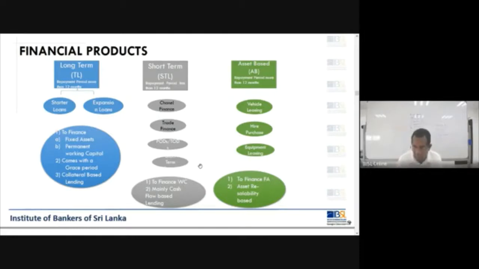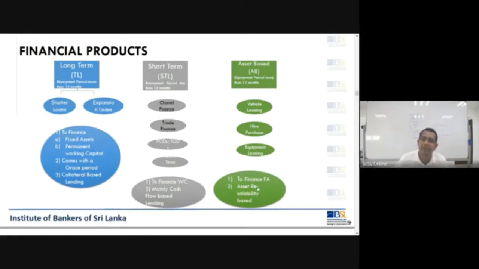It can be a limit, it can be a medium-term loan, or it can be an off-balance sheet or contingent facility, a non-funded facility like a bank guarantee. All are used to finance the working capital.